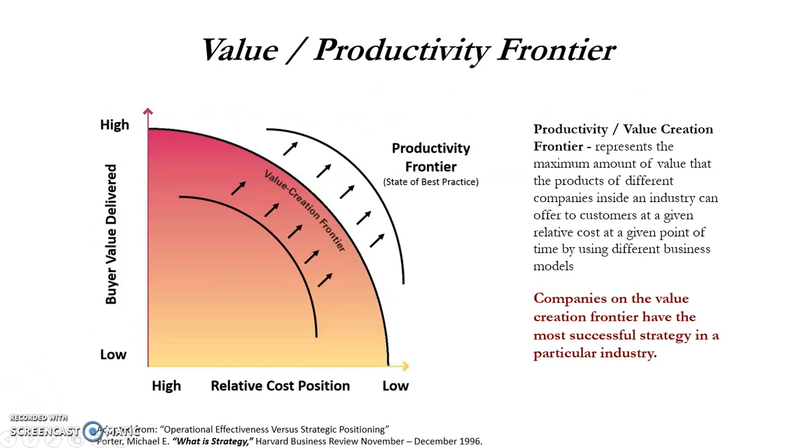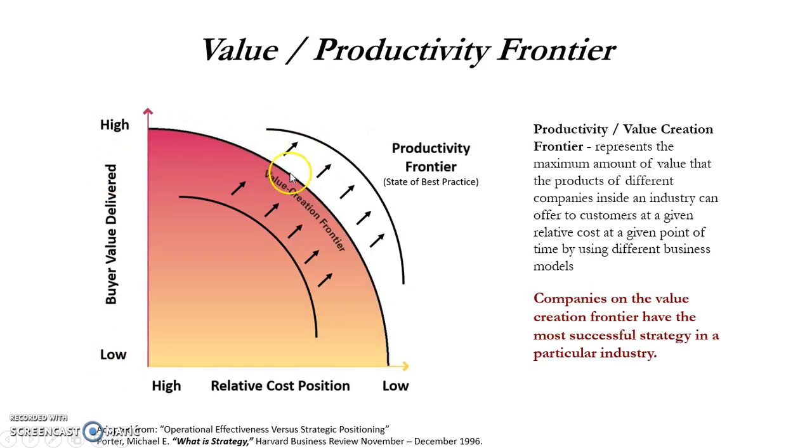Now, in order to understand the business level strategy, let's first try and understand the productivity or value frontier. On this frontier, on the x-axis we have relative cost position going from high at the origin to low on the right hand side, and on the y-axis we have buyer value delivered or derived going from low at the origin to high upwards.